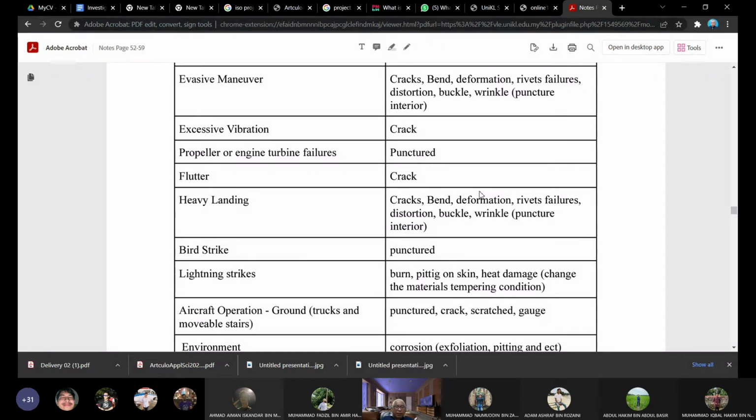Lightning strike is a burn fitting on the skin, heat damage. So there is a discoloration. Lightning causes heat, and the heat causes the structure to fail. It's just like you burn the structure. Aircraft operation on the ground: puncture, cracks, crush, gouges from those trucks, from those movable stairs.